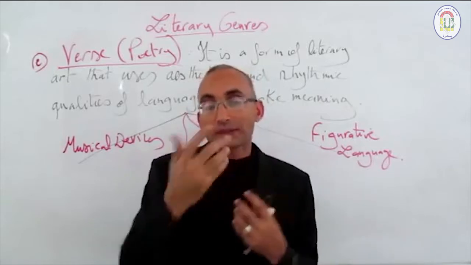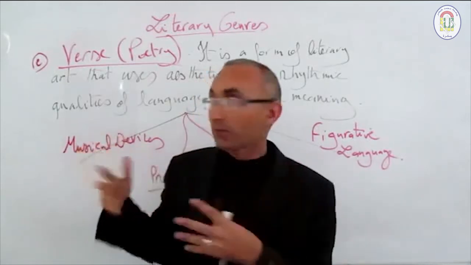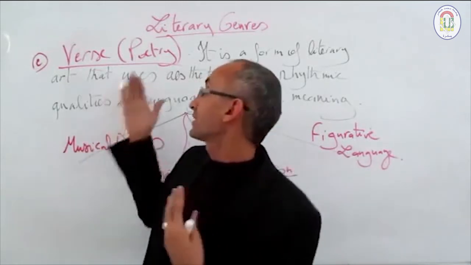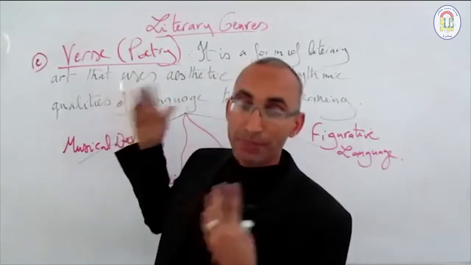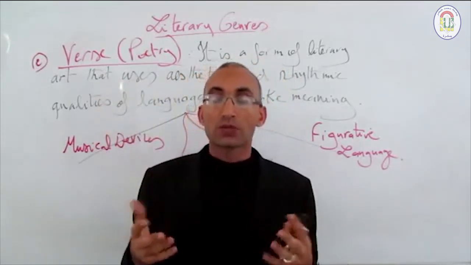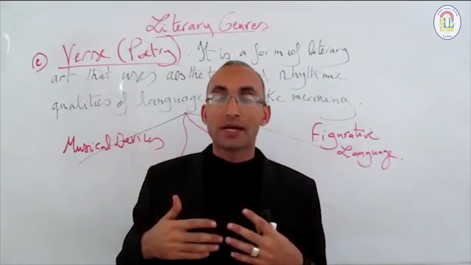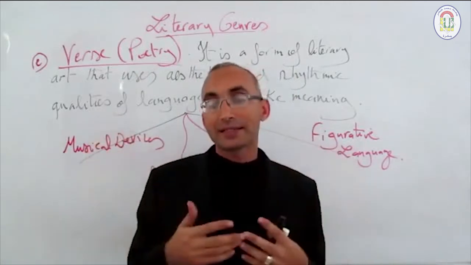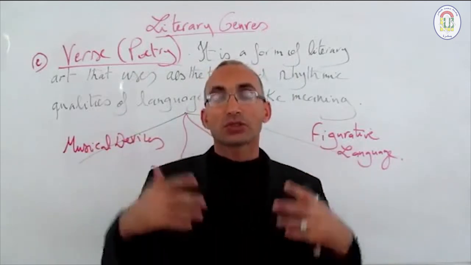This form or structure is different from the lines of poetry and also from the sentences and paragraphs of prose. So the main difference between this genre and the previous genres is form and structure.